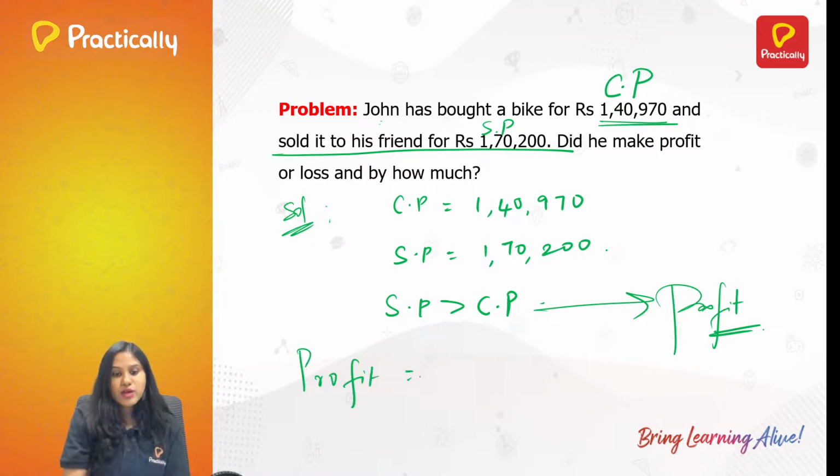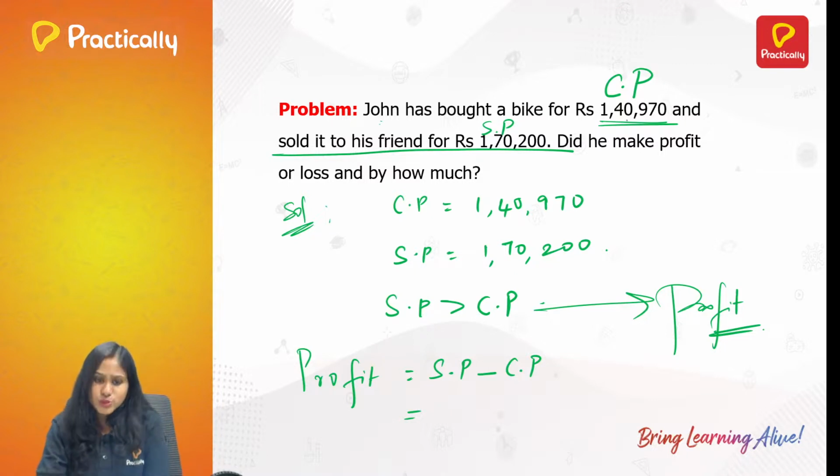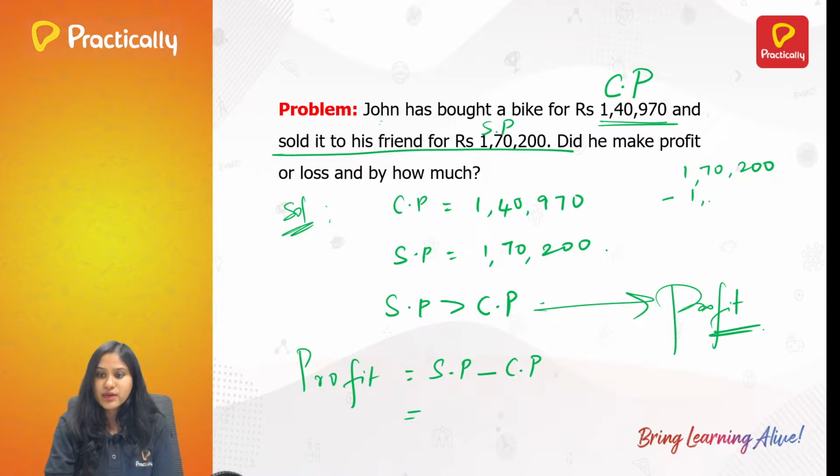Profit equals SP minus CP. Come on, do the calculation and type the answer in the comments. Whoever watches the video, do this problem and type the answer in the comments. Okay? Right, let us do it. 1,70,200 minus 1,40,970. 0, 1. This is 10. This is 3. This is 11. So how much did you get?